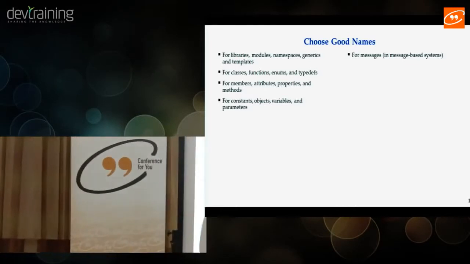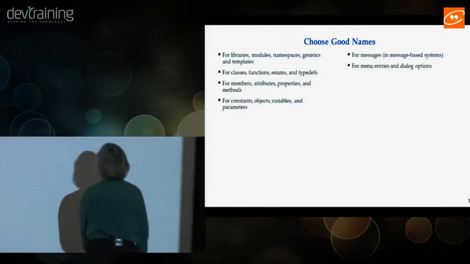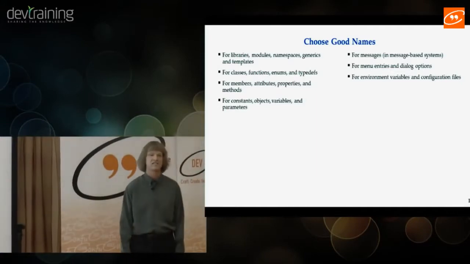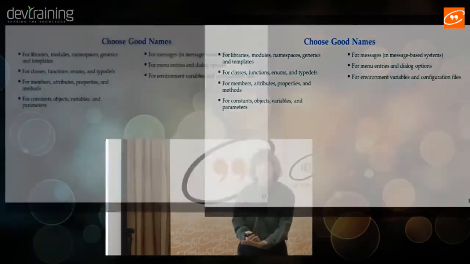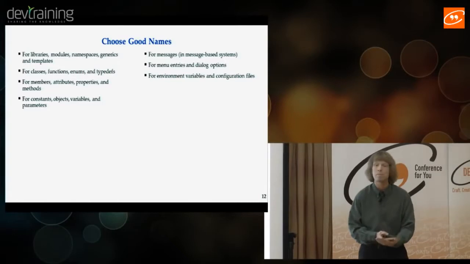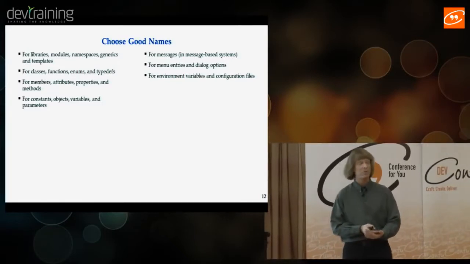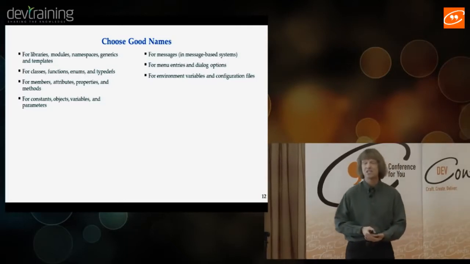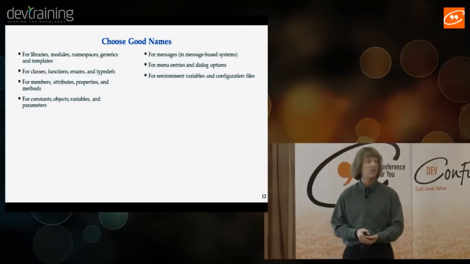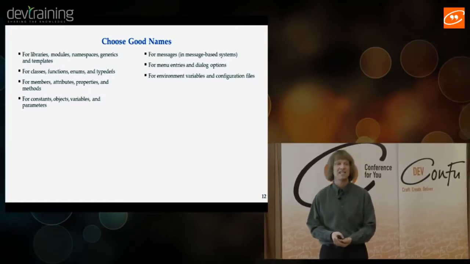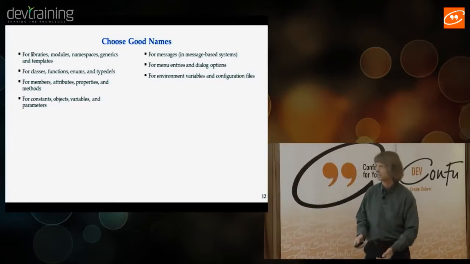I'm not done. Menu entries, dialog options, environment variables, configuration files. These are the things that people have to talk about by name. Now, there are some people who believe that Unix has the best possible names in the world and think that a great name is .newsrc, but that is not necessarily what everybody else is going to think.